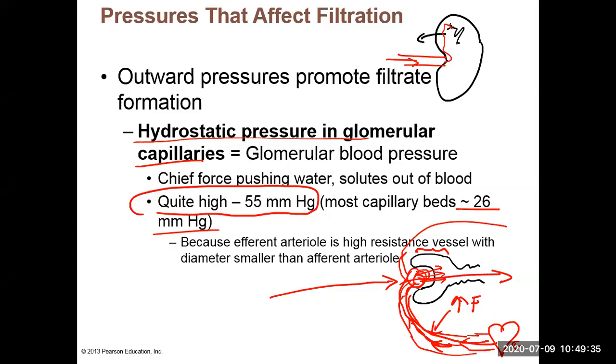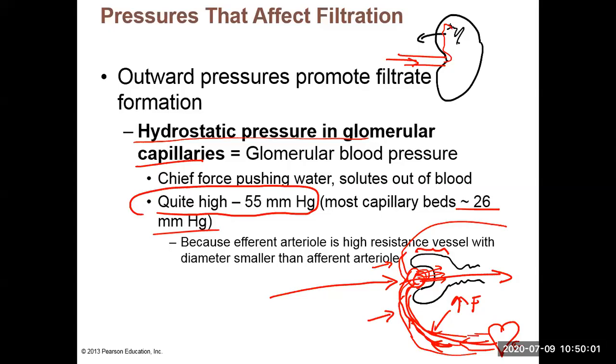So the force in this capillary is extremely high. This is because, again, the afferent arteriole has a higher diameter, while the efferent arteriole has a lesser diameter, and therefore they can have a higher pressure in this case. But they are equipped with fenestrated capillaries, so things can pass through.